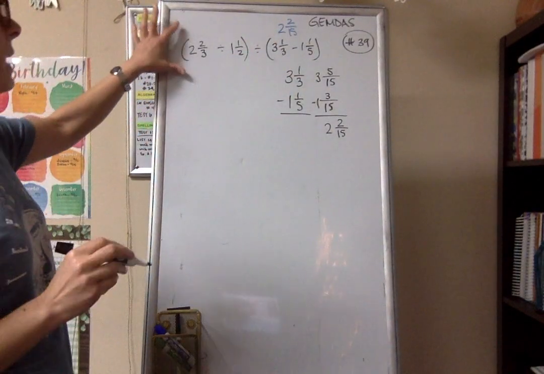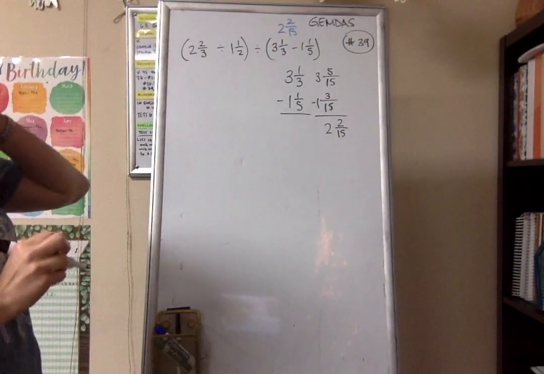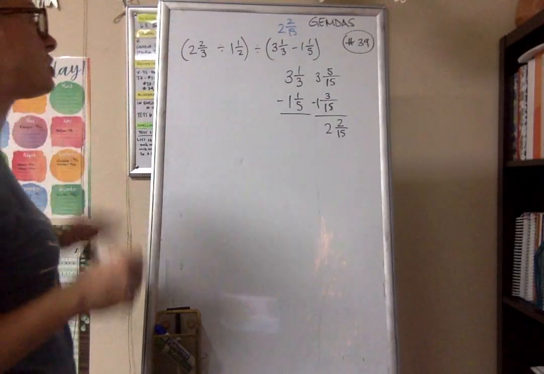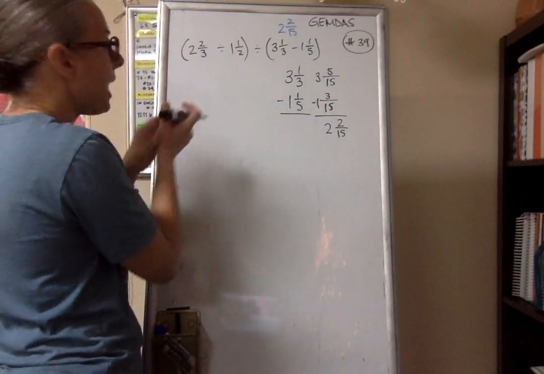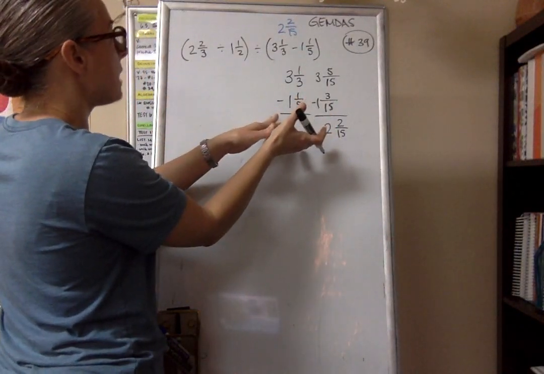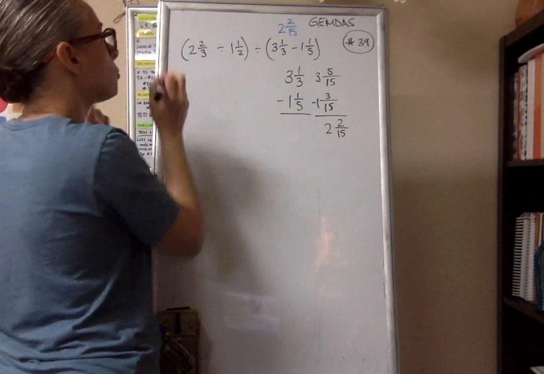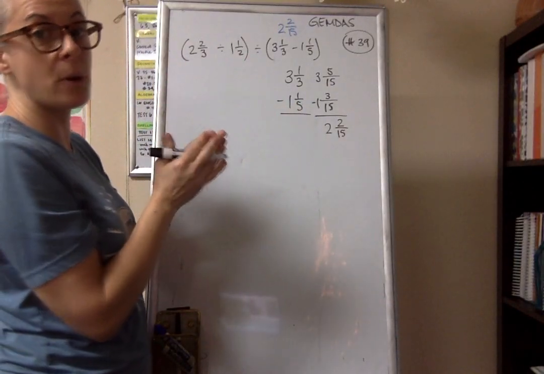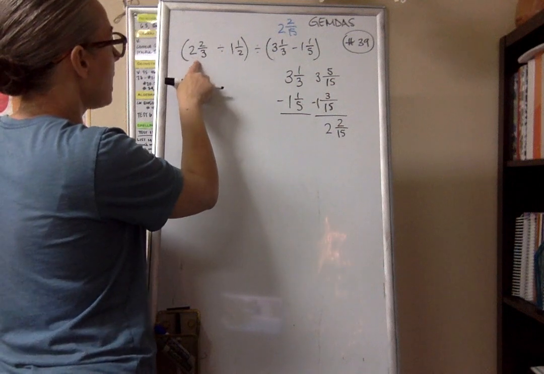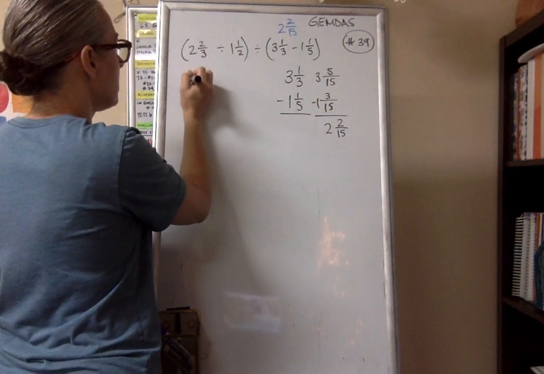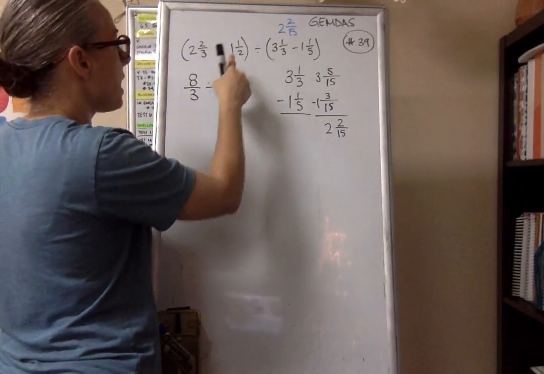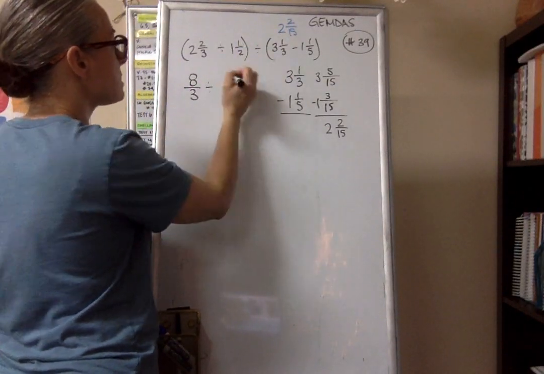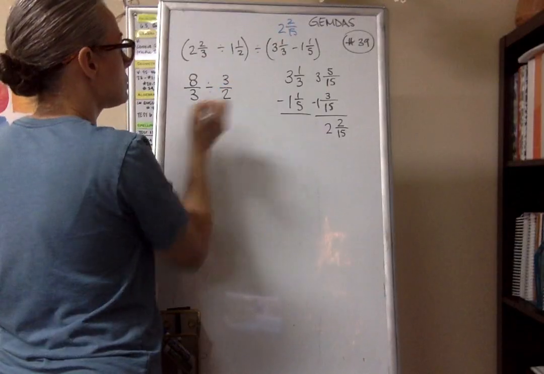Now I need to go back and work on this grouping here. This grouping has division in it. With division and multiplication, I don't have to worry about common denominators. What I do have to do is rename every mixed number as an improper fraction. So when I rename the first mixed number, I'm going to get 8 over 3, and this is going to be divided by 2 times 1 is 2 plus 1, 3 over 2.